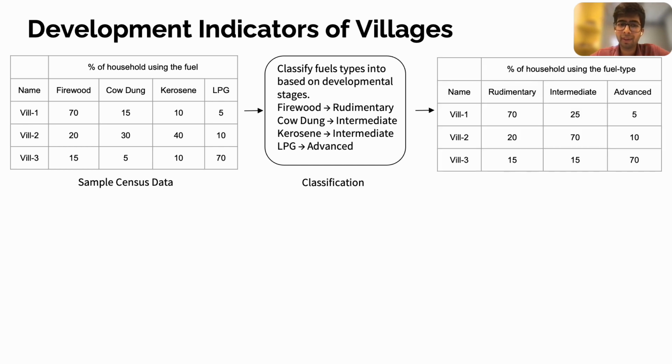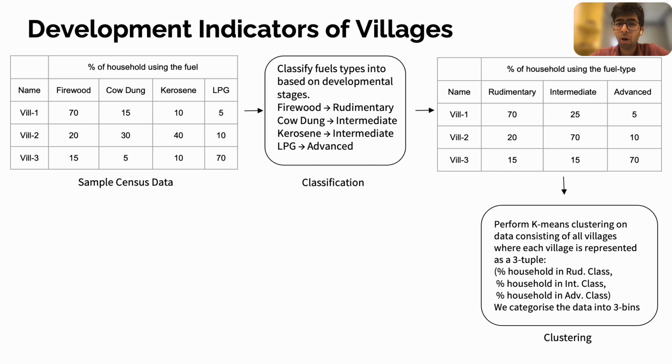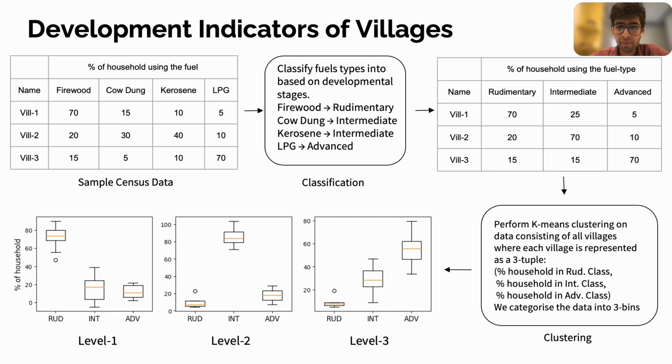Then we transform the census data into a table showing the percentages of households in each village using these three categories of fuels. Further, we perform k-means clustering on the villages, representing them in 3D space as a tuple of percentage of households in each category. From the clustering, we obtain three bins, namely level 1, which use predominantly rudimentary fuels, level 2, which use predominantly intermediate fuels, and level 3, which use predominantly advanced fuels.